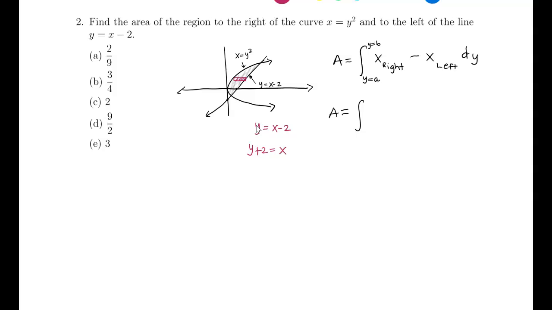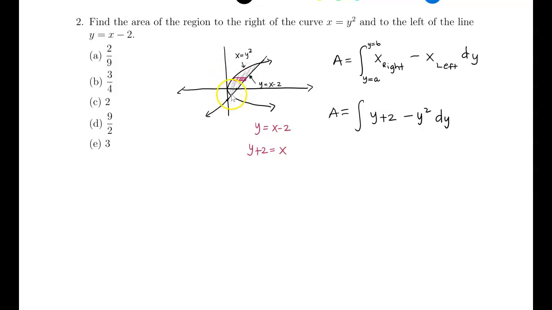So the x at the right, which is this line here, is the expression y plus 2. So we have y plus 2 minus x at the left. The curve here at the left is the curve x equal to y squared, and that's already in terms of y. So we have y squared, dy.